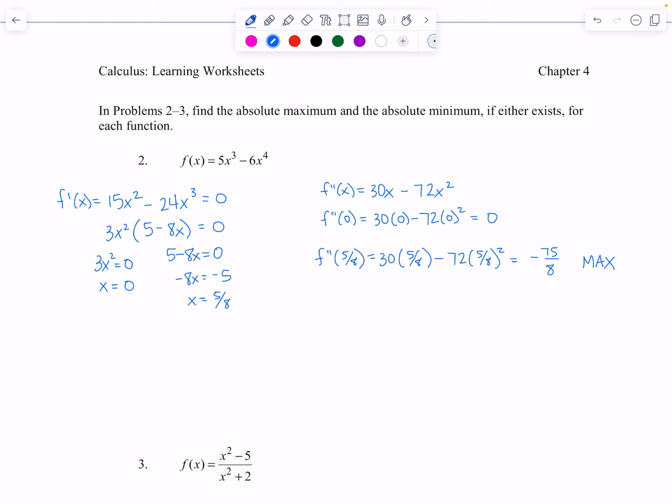Let's calculate the function values at these critical values. At 0, our function is 5 times 0 cubed minus 6 times 0 to the 4th, so 0. And f of 5/8 will be 5 times 5/8 cubed minus 6 times 5/8 to the 4th.